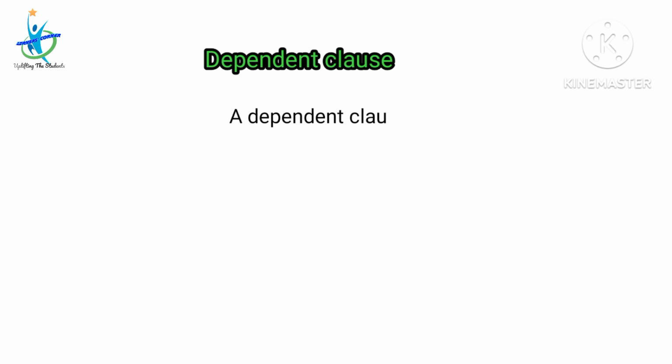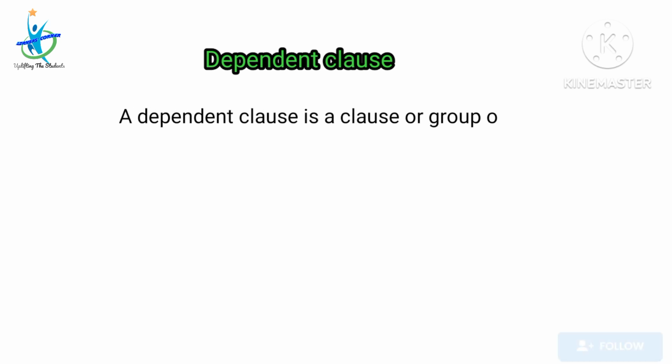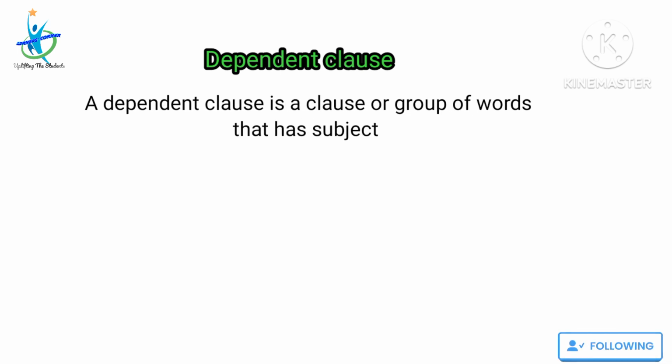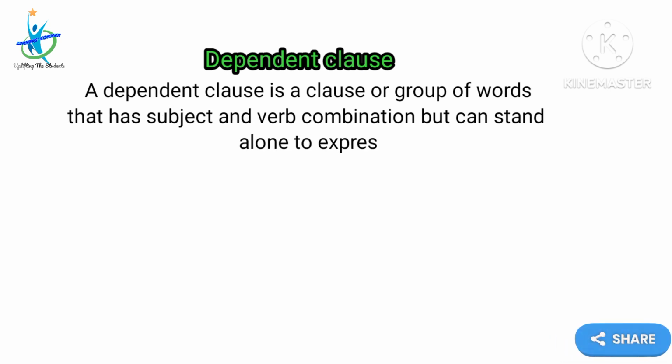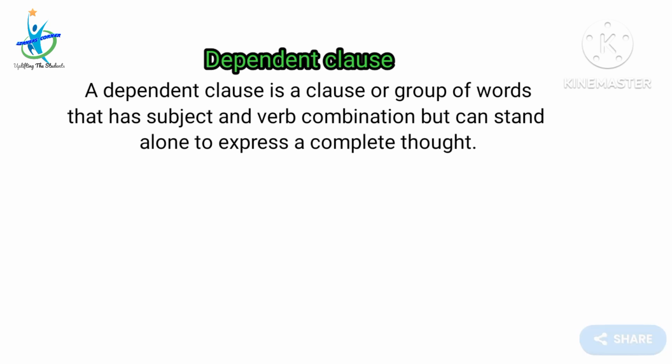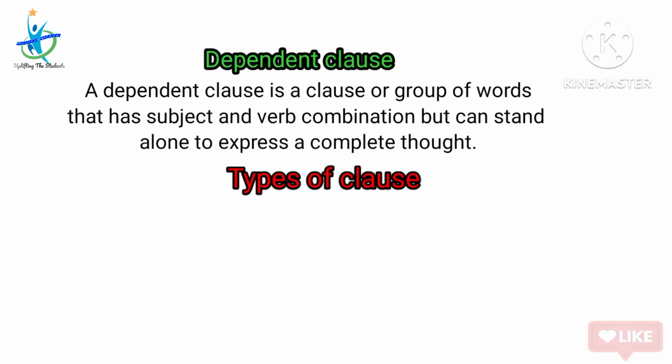As stated in the previous video, a dependent clause is a clause or group of words that has a subject and verb combination but cannot stand alone to express a complete thought. Therefore, dependent clause is divided into three: 1.